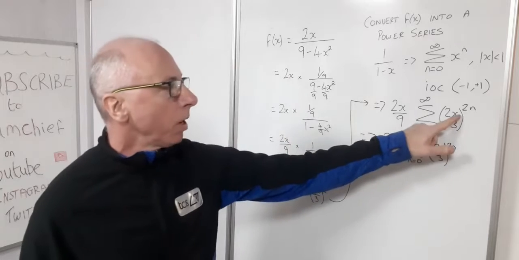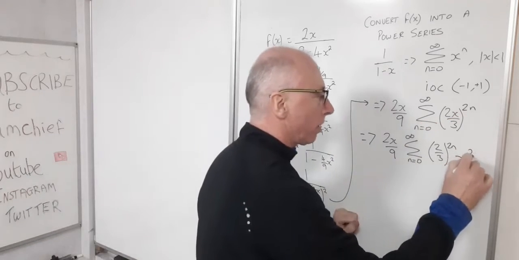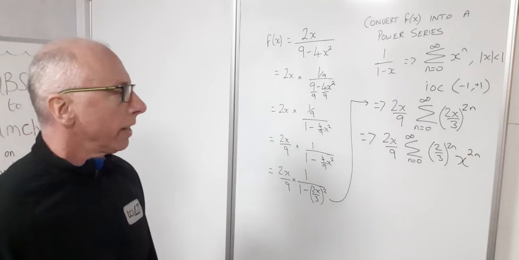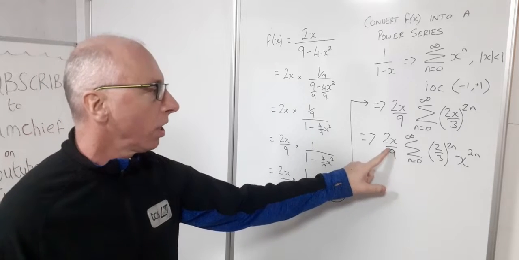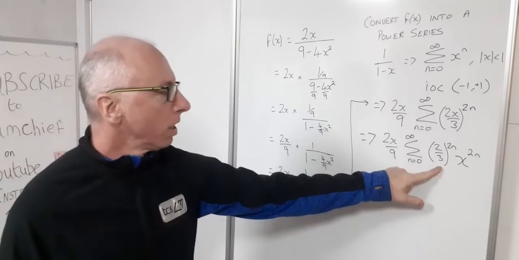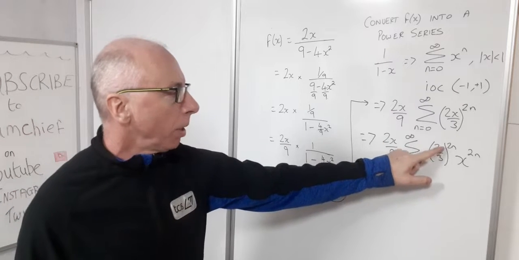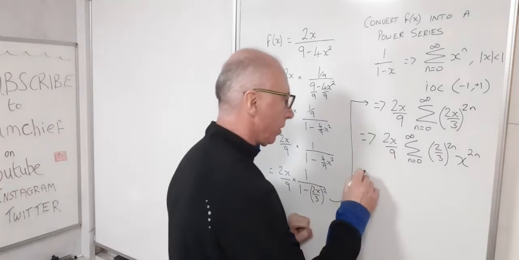That just leaves me with my x on its own with the 2n, so then I've got x to the 2n. Now I need to go about bringing my 2x over 9 inside. Before I do that, I think I'm going to break this apart into 2 separate coefficients as well. So let's do that first.